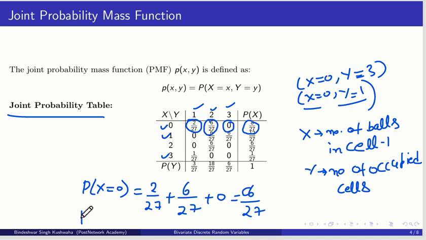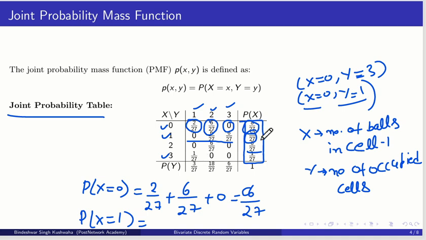The same way for p X equal to 1, we will add this row and we will get this one. For X equal to 2 we will get this one. So this is the marginal mass function.